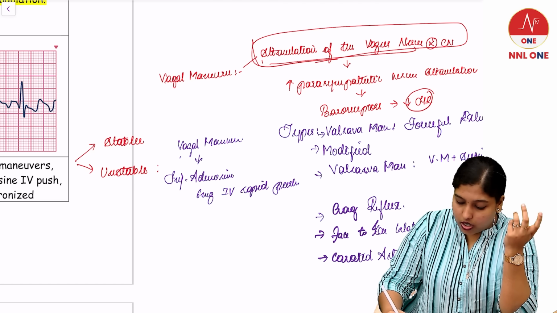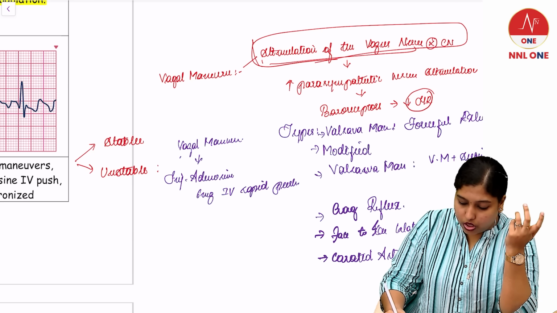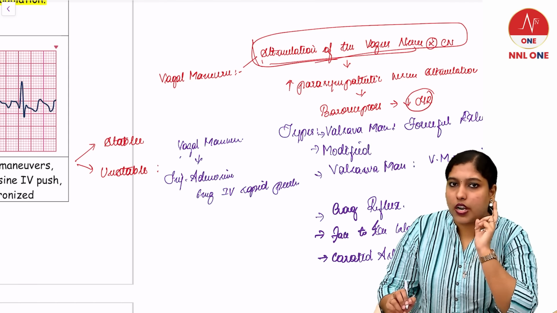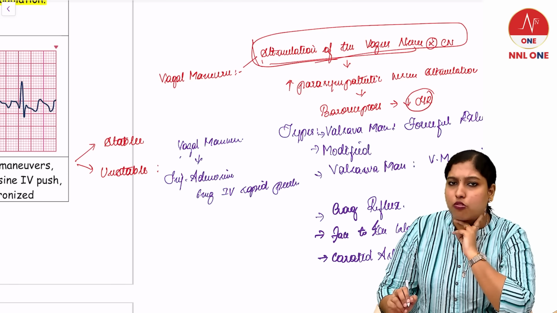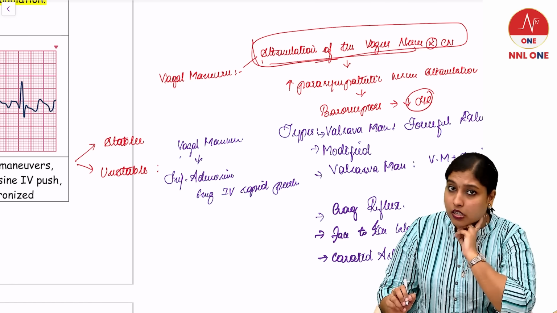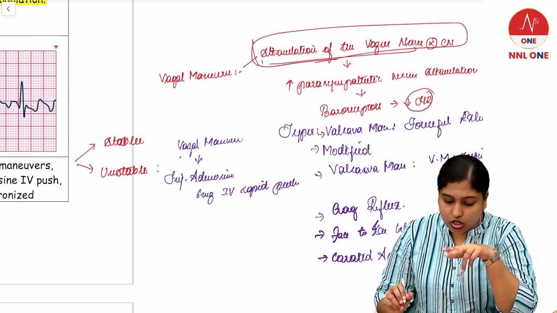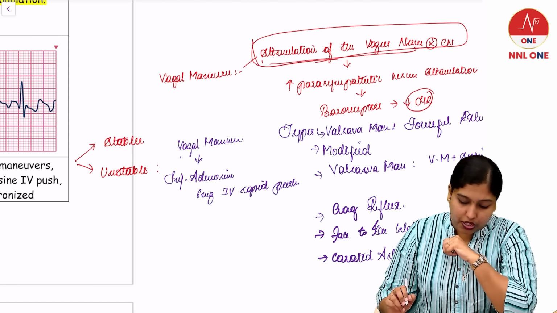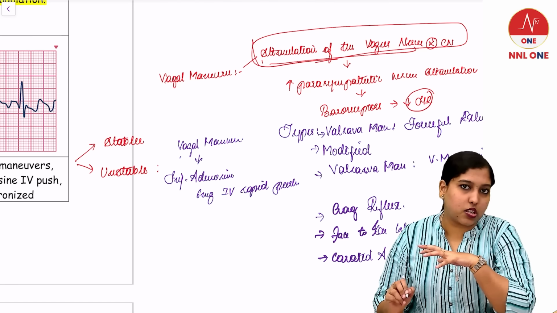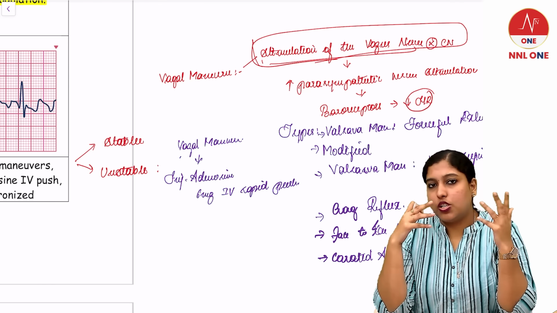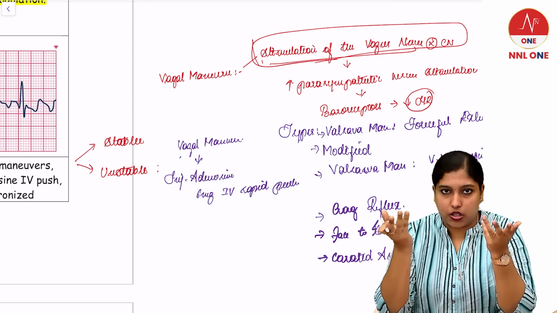Carotid artery massage also causes vagal stimulation, and you have to do it on only one side. It is contraindicated if the patient has carotid bruits or is an elderly patient. So there is a limitation in performing carotid artery massage, but it is also one of the components under the vagal maneuver, which stimulates the parasympathetic nervous system by stimulating your vagus nerve.